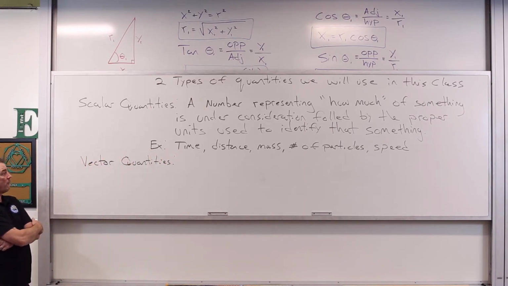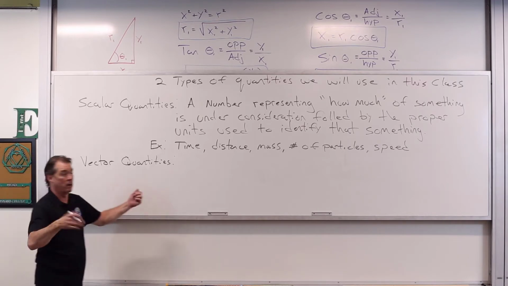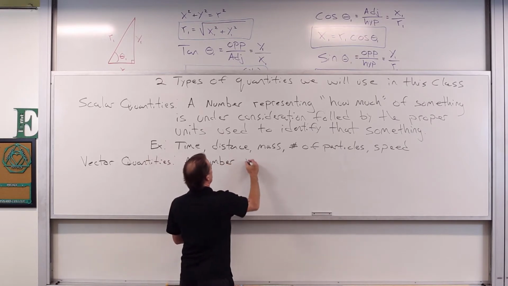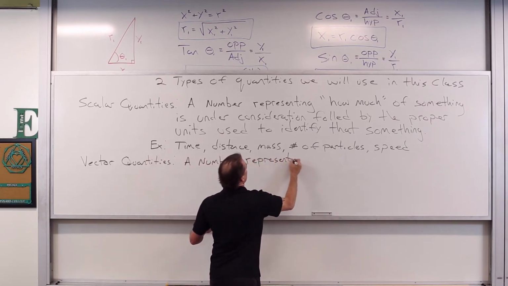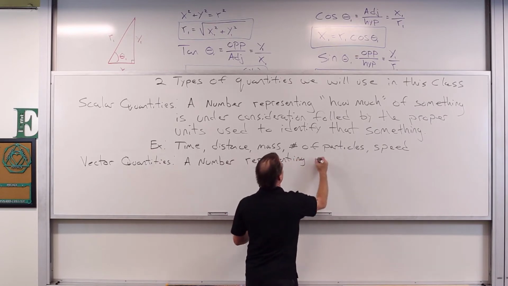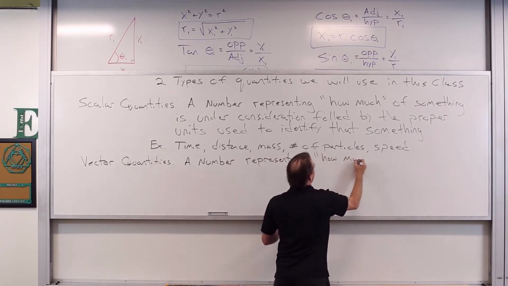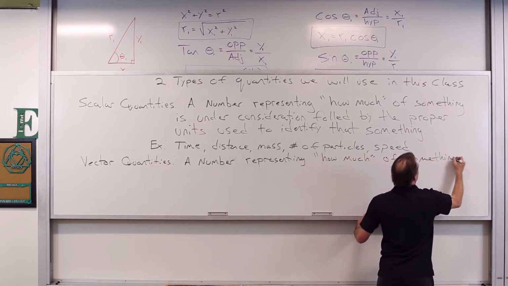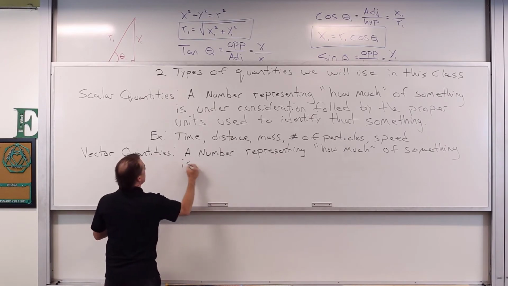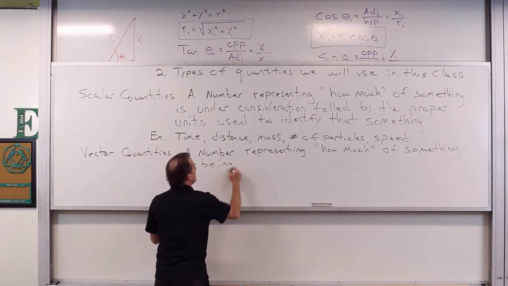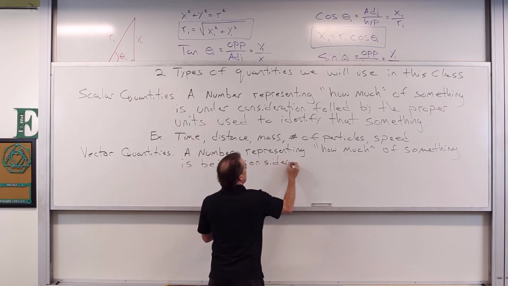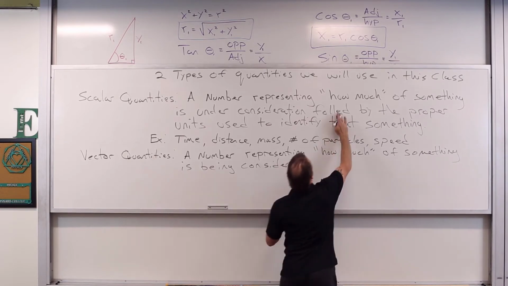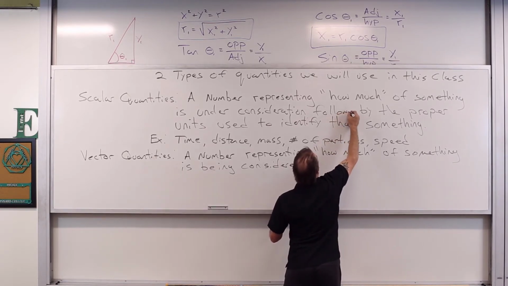Well, a vector quantity is a number representing how much of something is being considered, followed by the proper units.